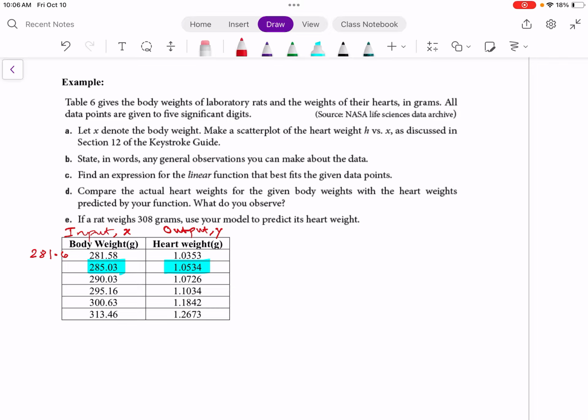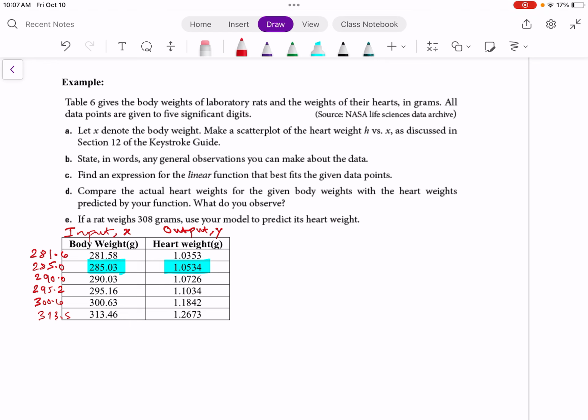We have 285.03, that is 285.0. 290.03, that is 290.0. 295.2, 300.6, 313.5.